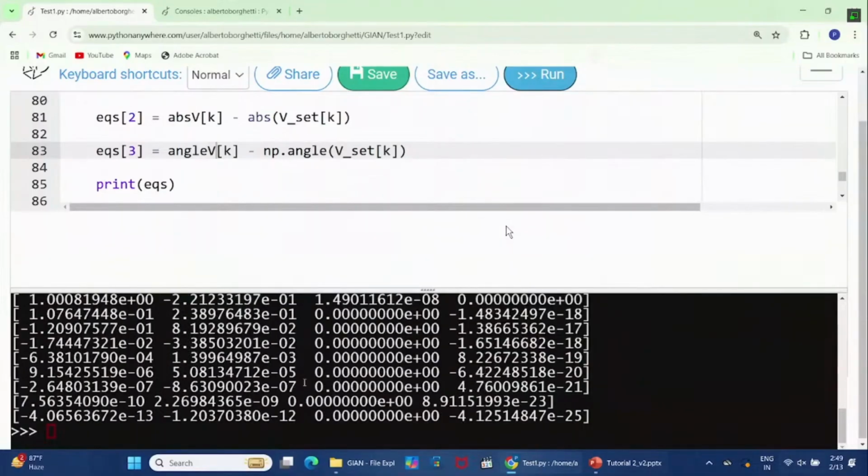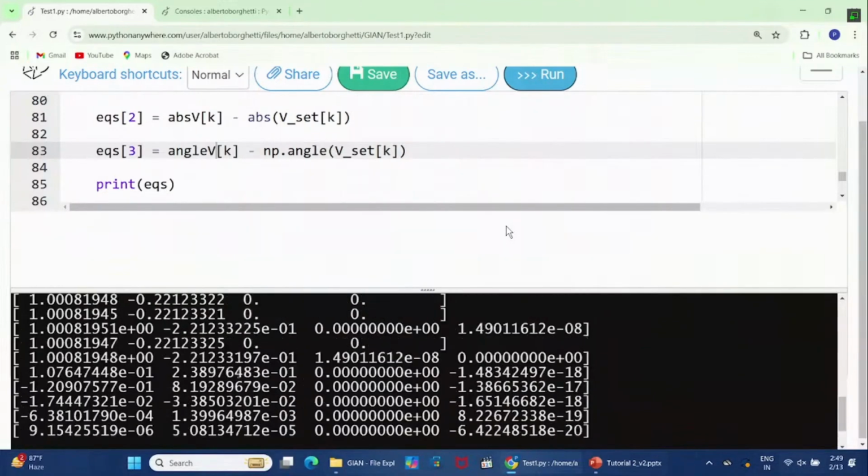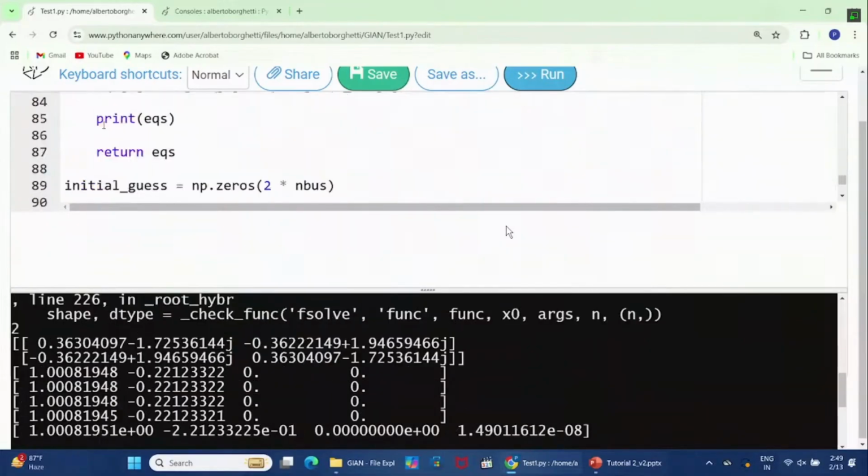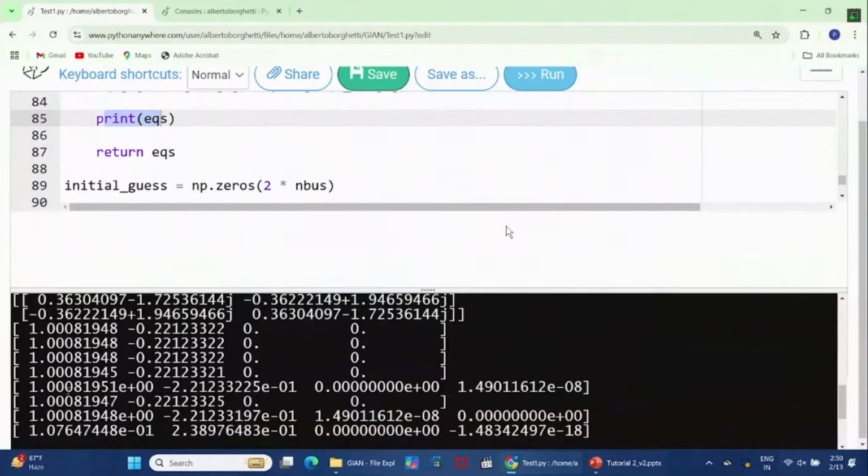So we need to understand what is going on. But one thing that I like is that I put the print. You remember that I put a print inside fsolve, and at first these values are quite high. Obviously these are 0 because we have said that the initial guess is also the final solution, 1 and 0. But the first two times it is high. Then it starts to iterate and these numbers decrease.